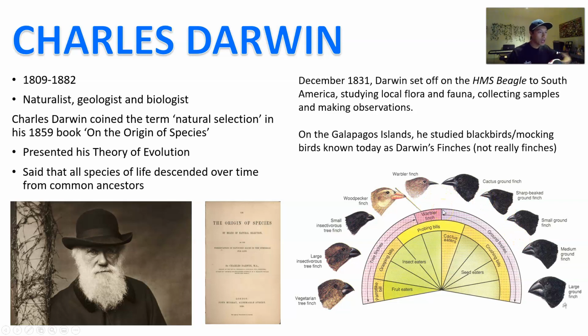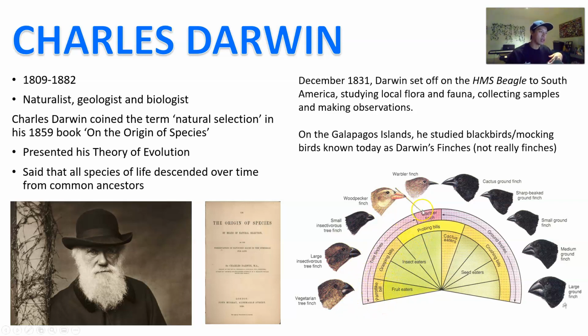So certain types of finches, like your ground finches, had larger beaks that were better suited towards breaking things up, like seeds and nuts. They had these crushing bills. And then he found that certain species more designed to eat insects had more insectivorous diets and had more probing or grasping bills.